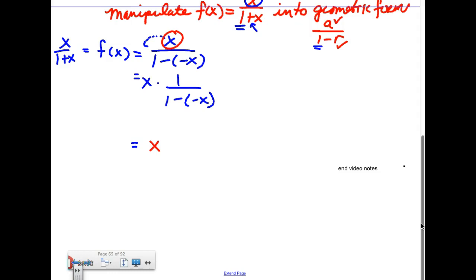So it starts at x, and every single time I'm going to be multiplying it by my common ratio, which is r.